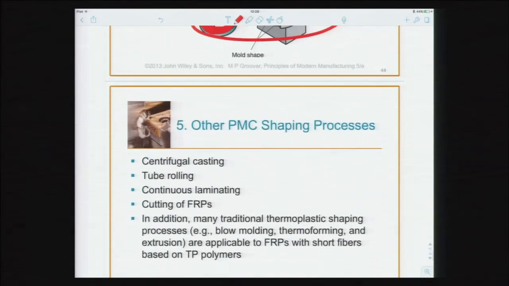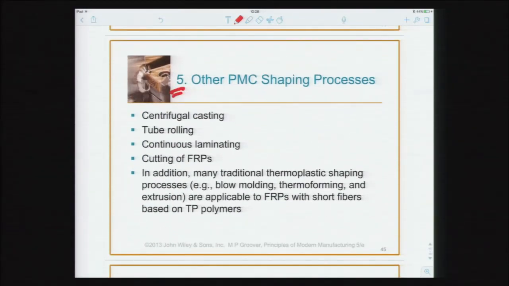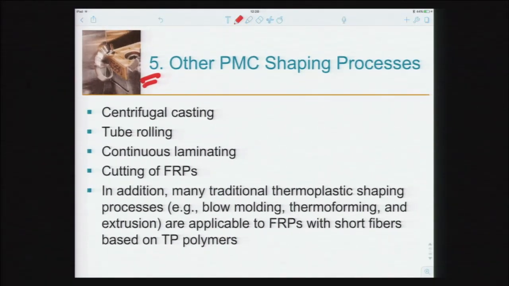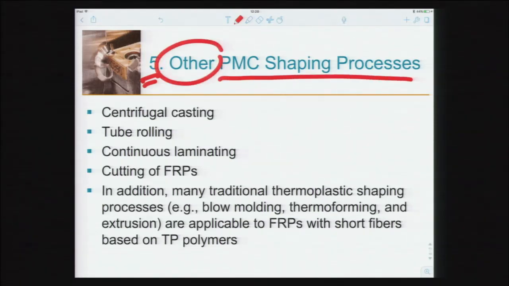Alright, let's continue. The last category is other PMC shaping processes. Other means rather than the first four processes: rather than open mold, rather than closed mold, rather than filament winding, rather than pultrusion.